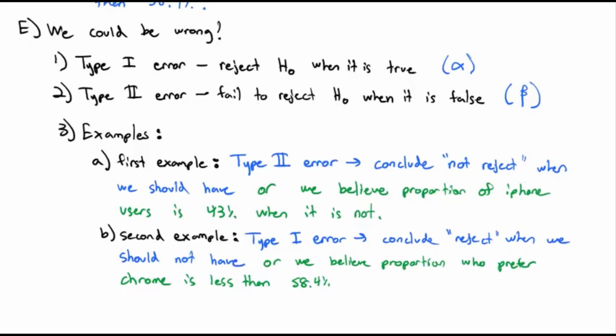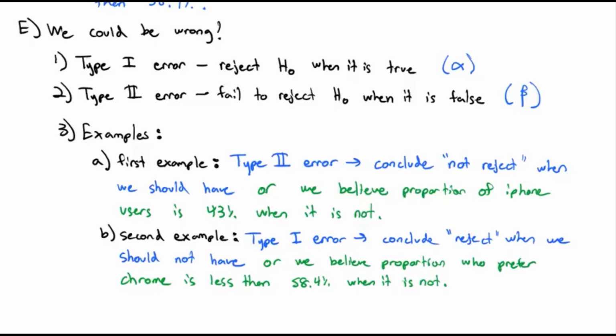Because that's what we concluded. But it's not. That would be a type 1 error, where it's actually either equal to or possibly greater than 58.4%, and we made the wrong conclusion.